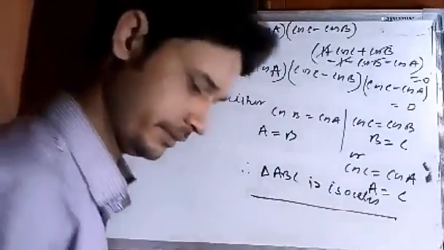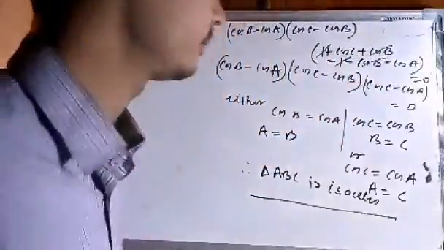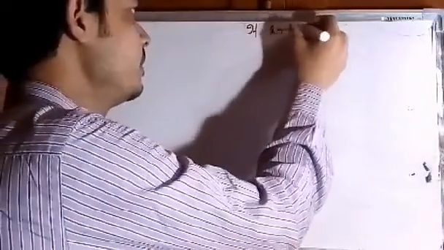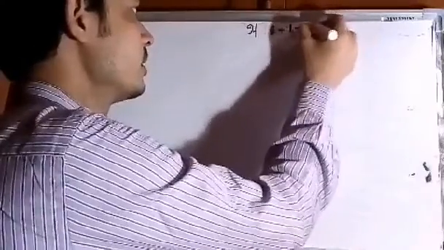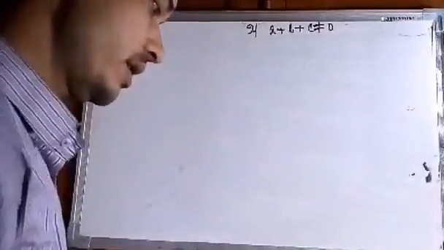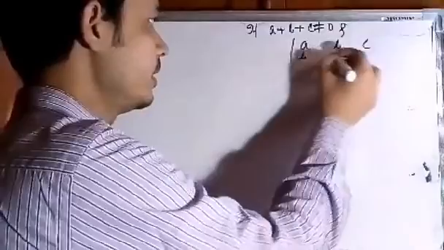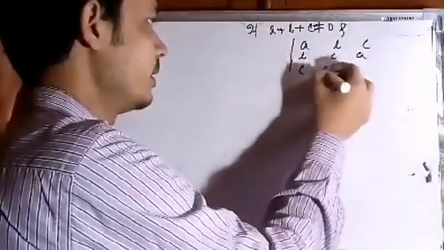Next sum. It is given that a plus b plus c is not equal to 0, and the determinant with rows a b c, b c a, c a b is equal to 0.